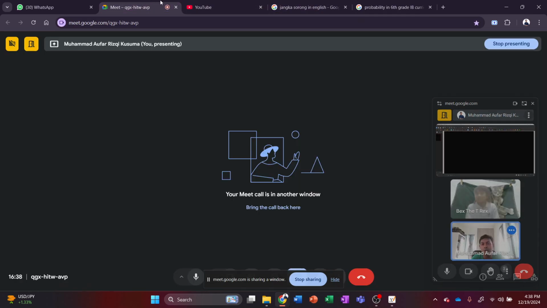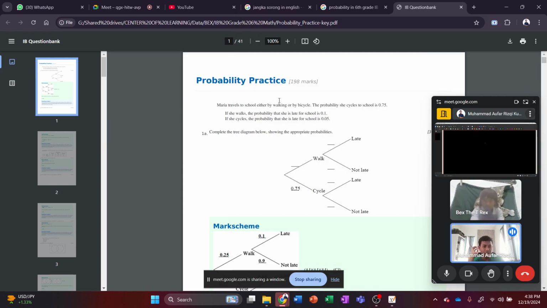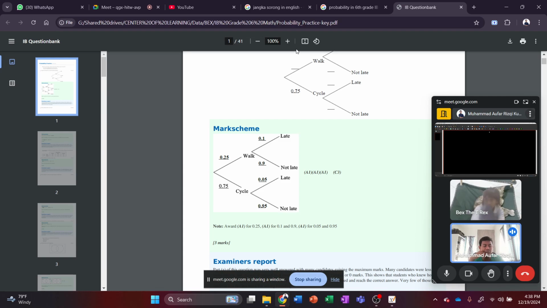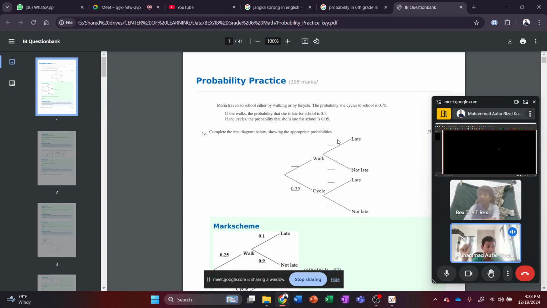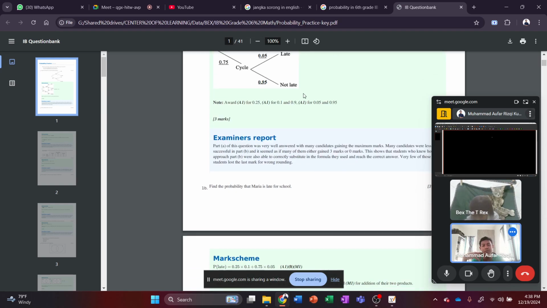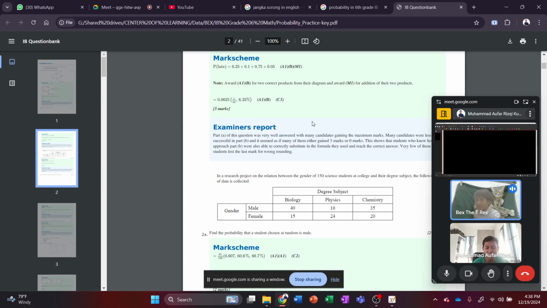Okay, good. So probability basically is that you want to know how likely a phenomenon can happen, right? You want to know how likely something is to happen, but you cannot be sure that it will happen. It's like rolling a dice.